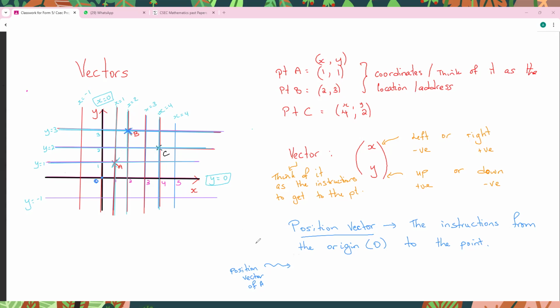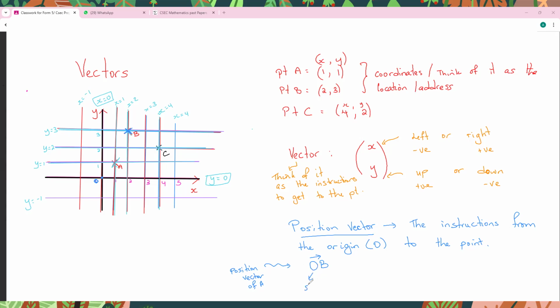Now, if they asked you to write point B as a position vector, it means that you're going to give me the instructions starting from O to B, right? And you write it like this. It basically shows where you're starting.